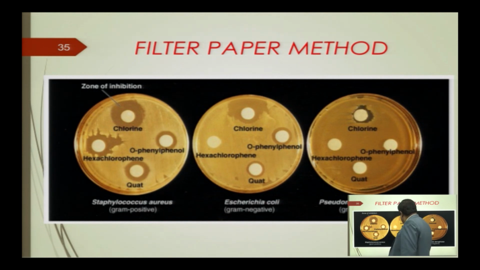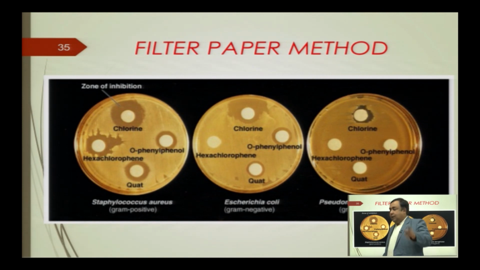Now, if we look at the second one, you will find that in the case of hexachlorophene, there is no zone of inhibition produced around the disc. No zone of inhibition around the disc means that this particular filter paper disc was soaked in a disinfectant which was not active against that corresponding microorganism.